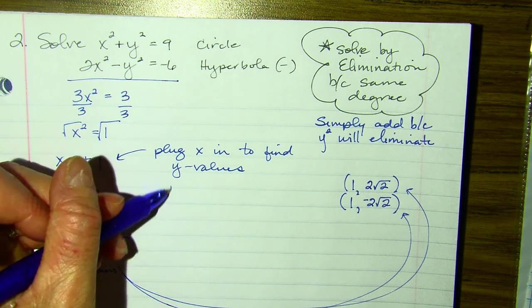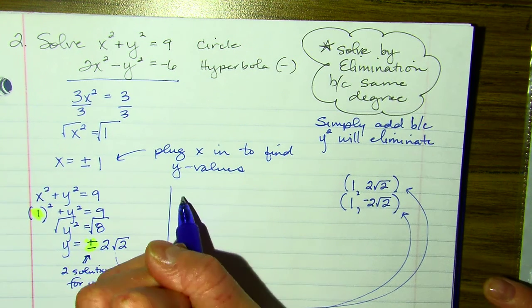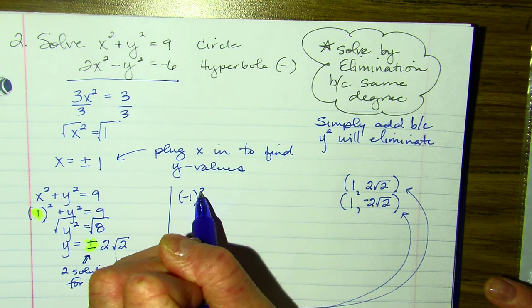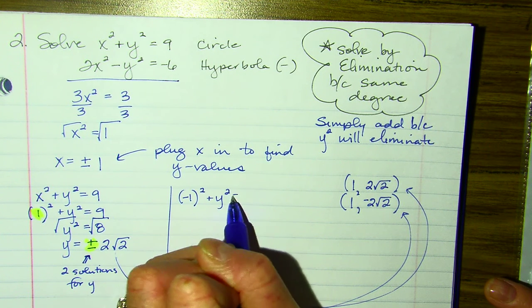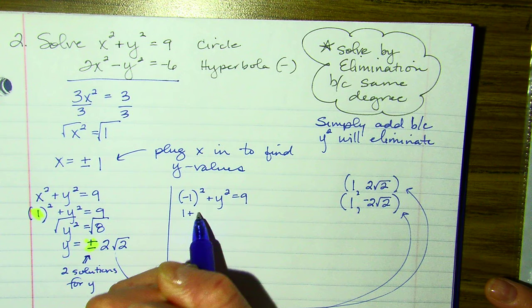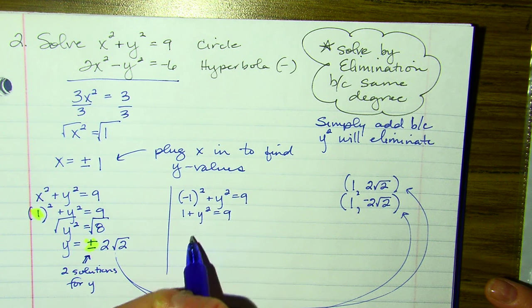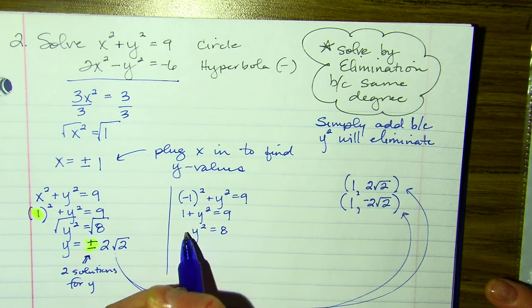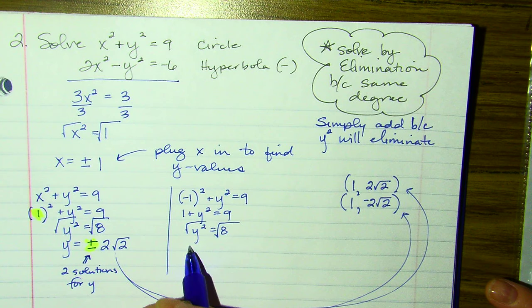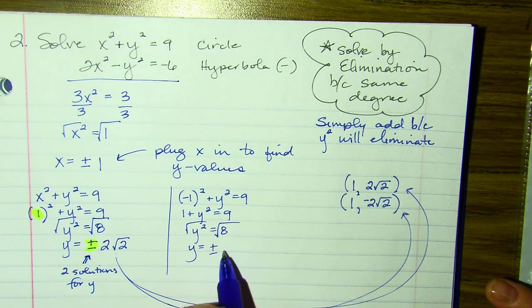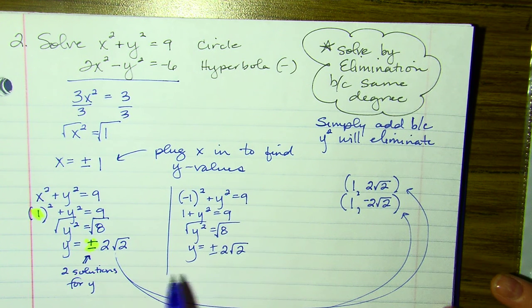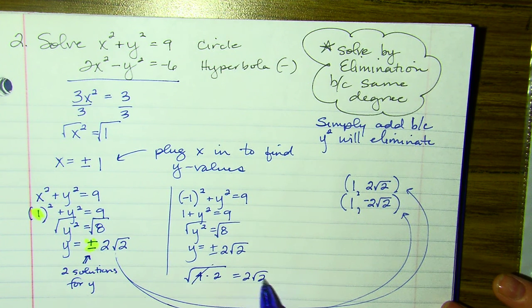So now I'm going to plug in negative 1. So negative 1 squared plus y squared equals 9. That leaves me with 1 plus y squared equals 9. So y squared equals 8, square root, and y again equals plus or minus 2 root 2. If you're wondering where I get that, the square root of 8 is the square root of 4 times 2, which gives me 2 root 2.